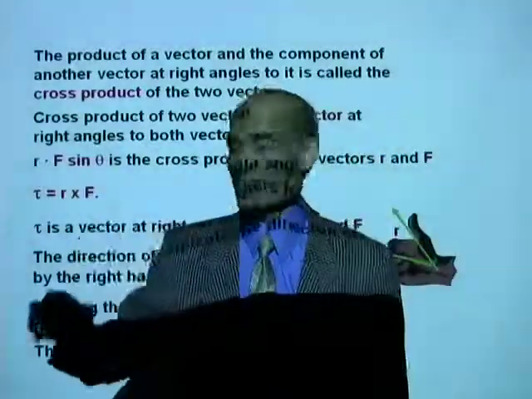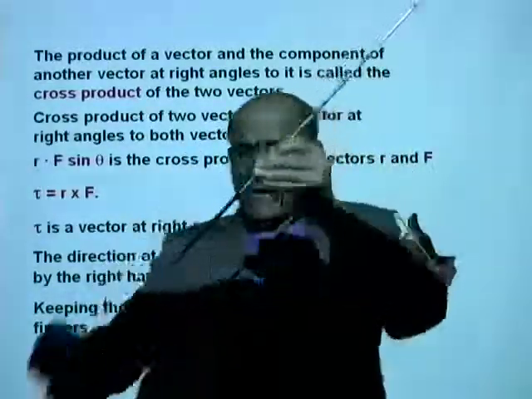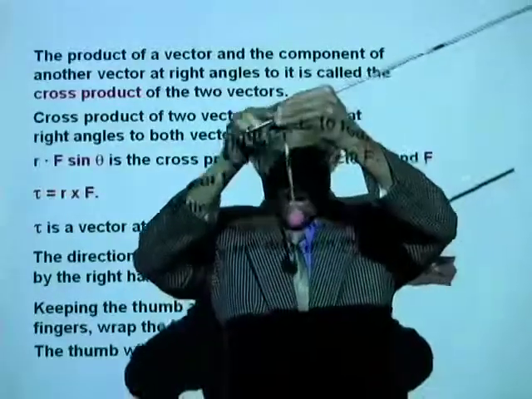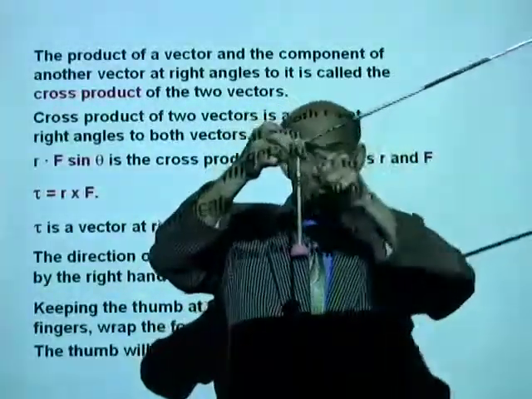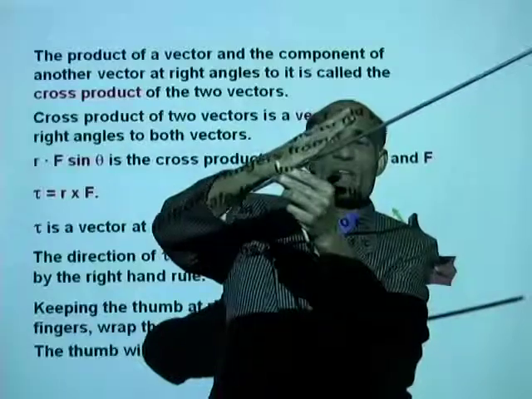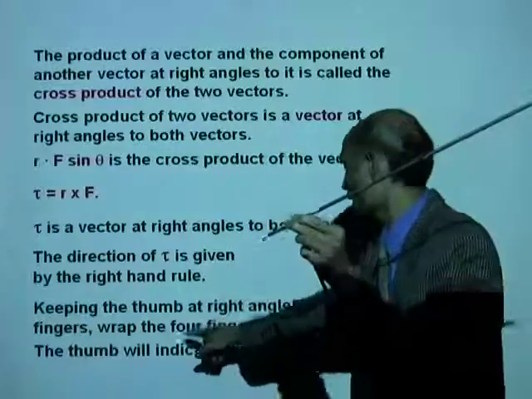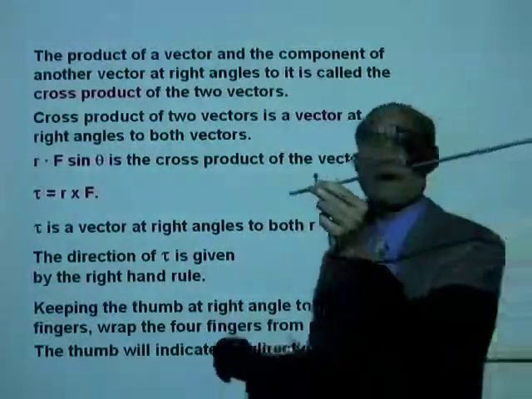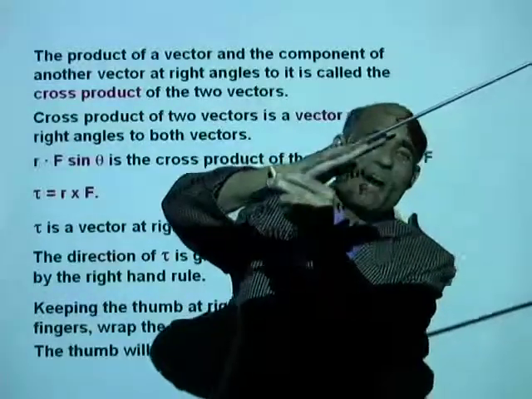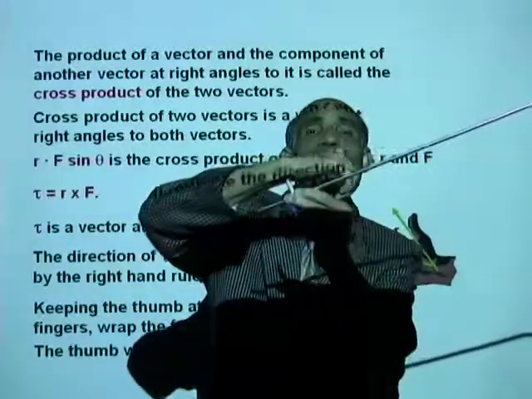Now, that means if this is the R vector and this is the force vector, look at this. What you need to do now is wrap your forefingers from R to F. Forefingers wrap from R to F, then the thumb will give you the direction.